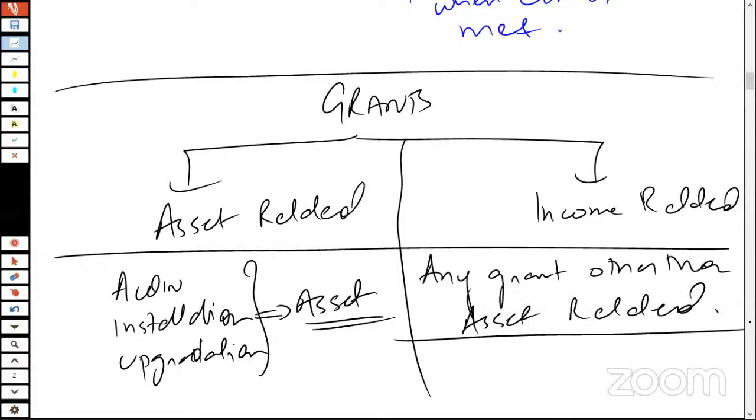So if you are being given any grant in which the condition is not to install an asset, not to upgrade an asset, not to acquire an asset, such a grant is going to be considered as an income related grant. It's any grant other than the asset related grant.